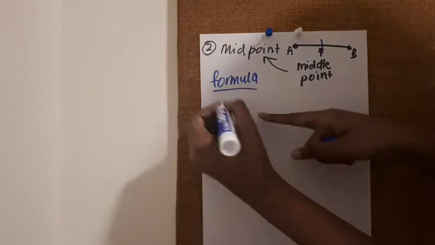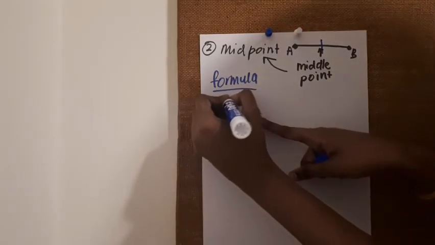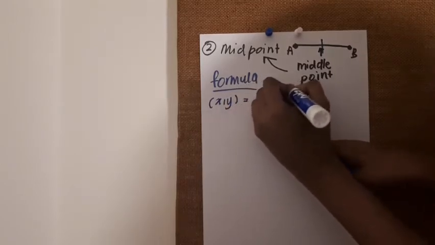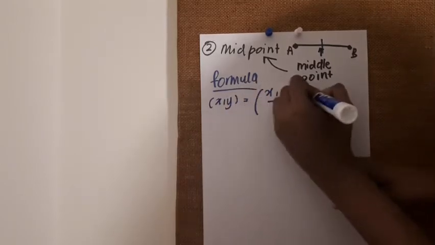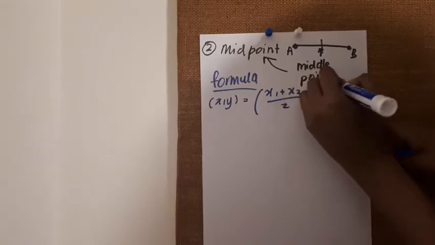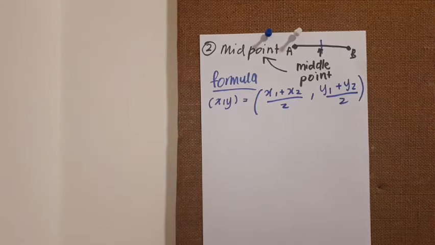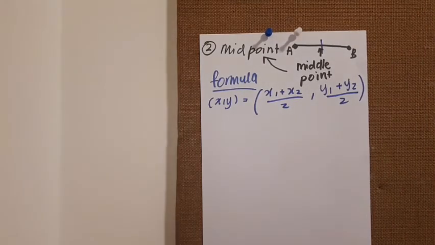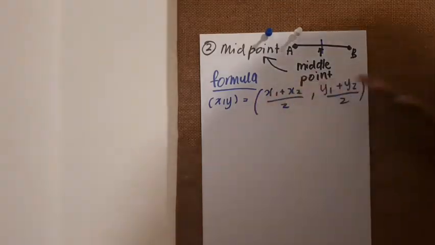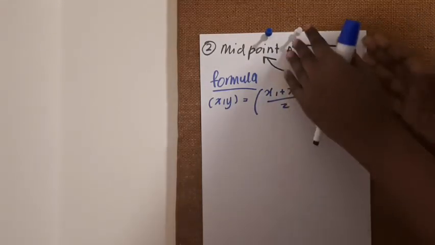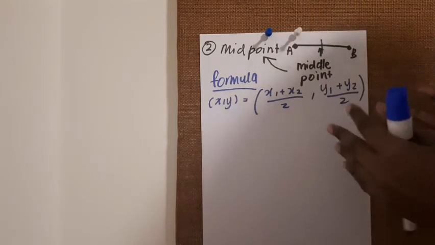That's how the formula works. So the midpoint is simply this formula here. I'm not sure if you will be given this formula in your exam, but it's easy to remember. You just have to know 2 points and solve for it.